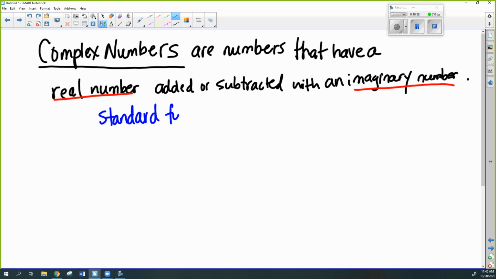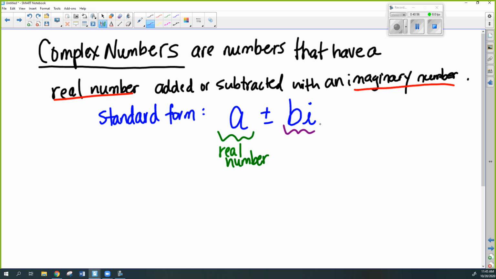Okay, well, there is a standard form for writing your answers when they are complex numbers. Okay, and it looks like this. A, and I'm going to say plus or minus because it doesn't matter if it's addition or subtraction, B, I. Where it's the real number first, and then you add or subtract, and the imaginary number goes second.